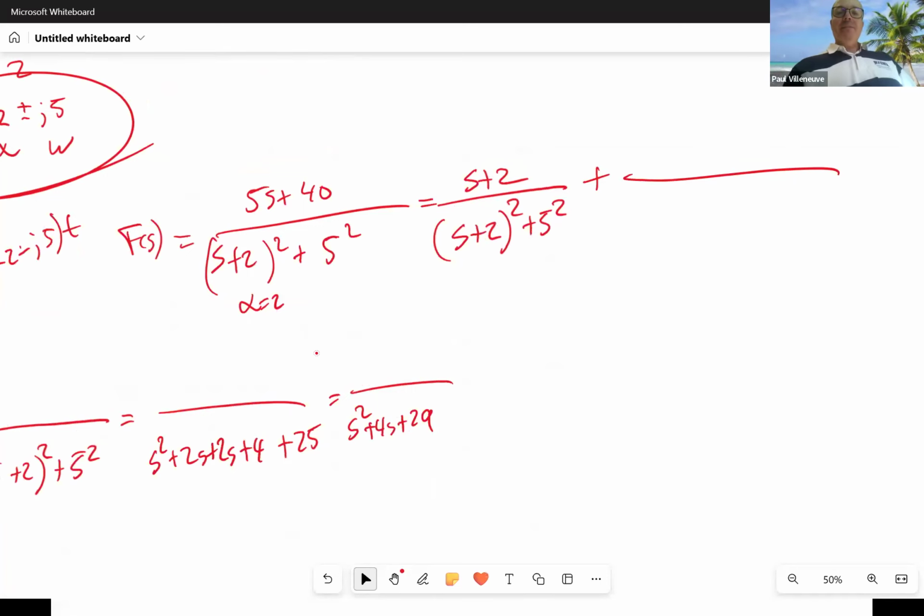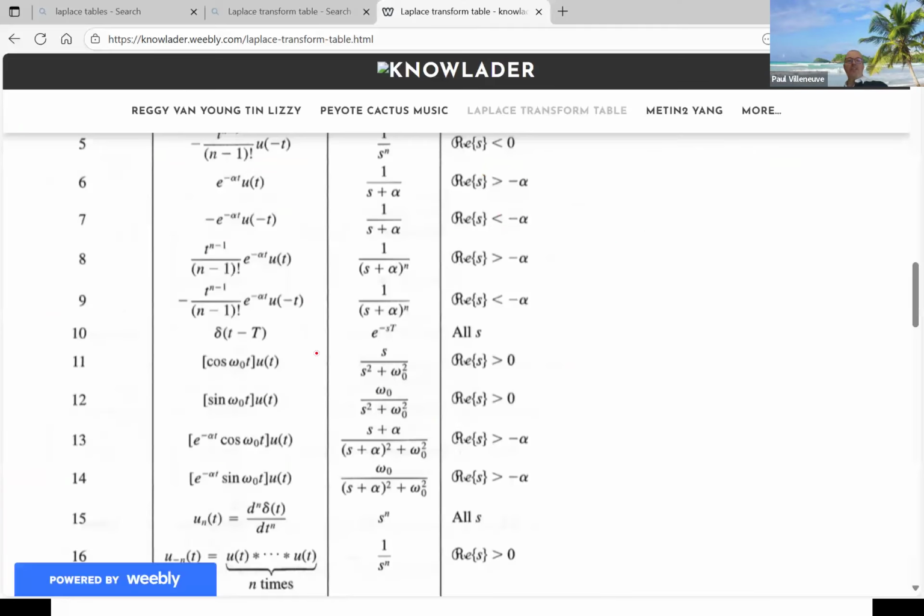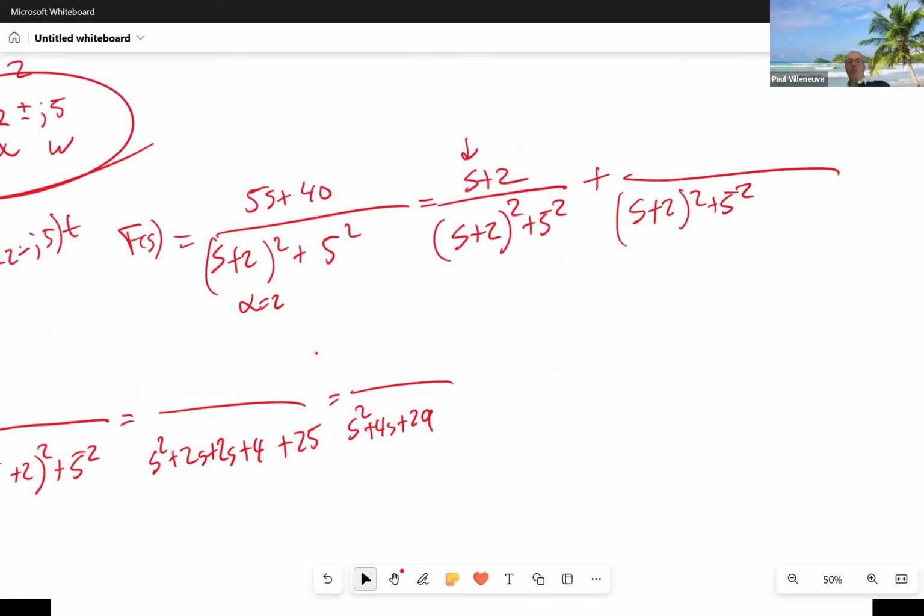So let's take that out. And this is s plus 2 squared plus 5 squared. Well, what's the leftover stuff that I have? I've got to be careful because I only have an s coefficient over here in this cosine waveform, item number 13. So what I'm going to do is factor out 5 out of that expression.